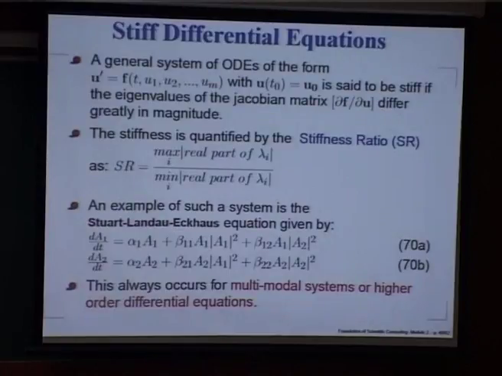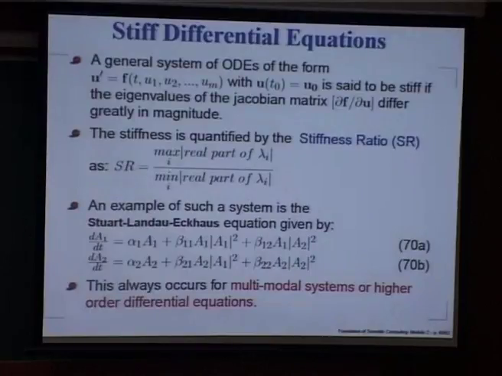So you need to look at the real part of it. The real part will tell you how this particular component is growing or decaying with time, if time is the independent variable, and you look at the maximum of such values and the minimum of it. The ratio is what we call the stiffness ratio.